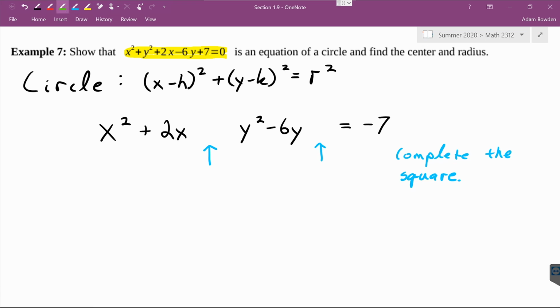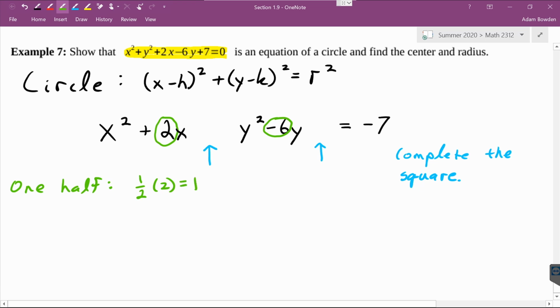So we complete the square. We take the numbers that are in front of the x and the y. The first thing I'm going to do is take 1/2 of 2 to get 1, and 1/2 of negative 6 to get negative 3.